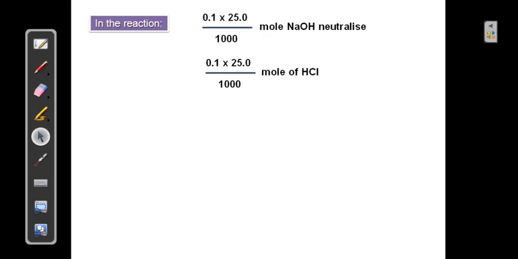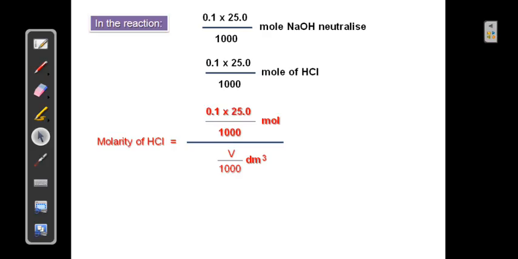The ratio is 1 to 1, right? So the molarity of the HCl is equal to 0.1 times 25.0 over 1000 mole divided by volume over 1000 cubic decimeter, right? Because when we talk about volume, it always has to be in cubic decimeter. Then we have to use that 1000. So what you have here is 2.5 over volume mole per cubic decimeter.